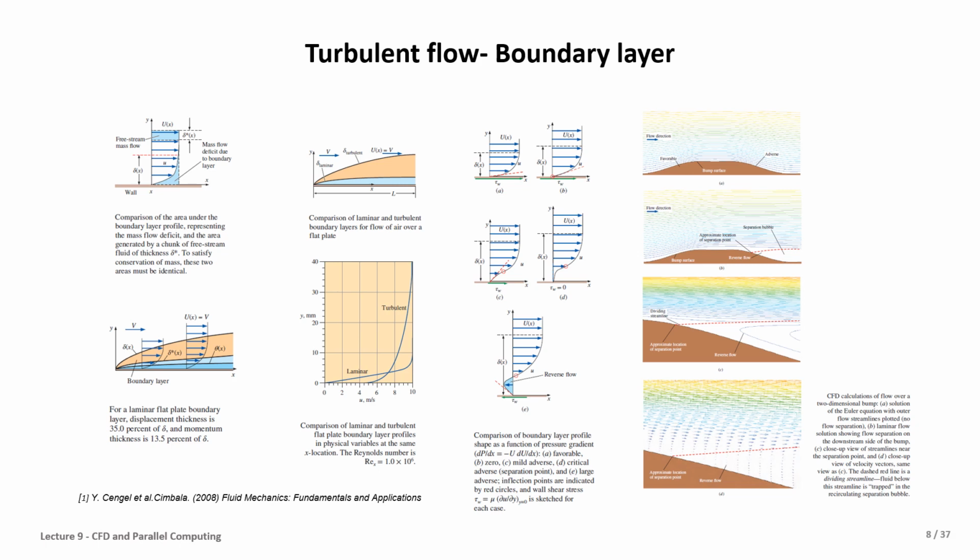In this example, you can see a CFD simulation over a two-dimensional body, showing when the flow is passing it when it's laminar and when it's turbulent.